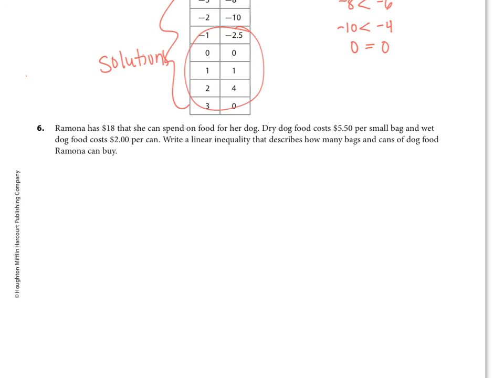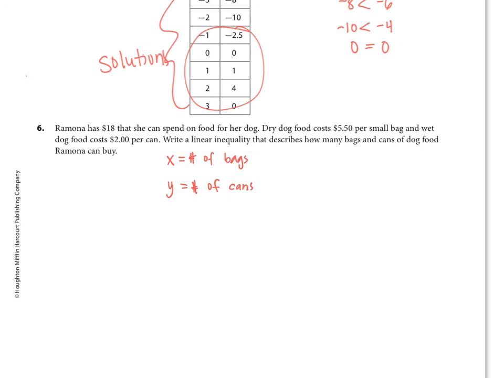So our unknowns are, we can choose x and y, that's fine. X can be the number of bags of dry food, and then y can be the number of cans of wet food. And so we know the price of each one, and we know how much she can spend.